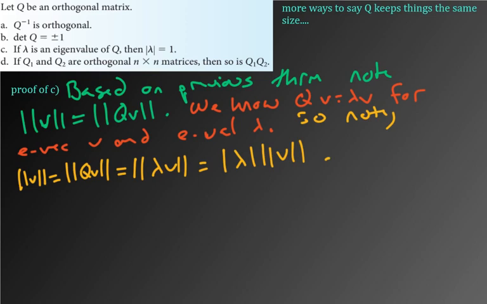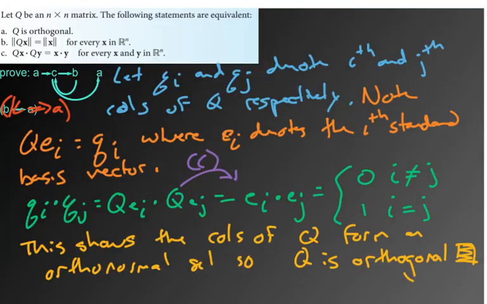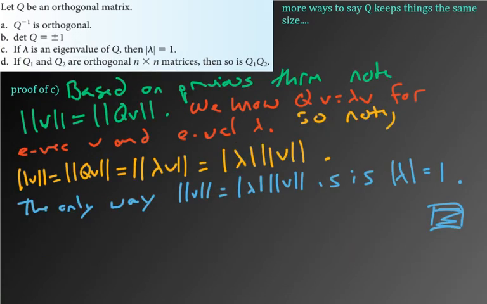And then the only way the magnitude of v can equal the absolute value of lambda times the magnitude of v is if the absolute value of lambda equals 1. That's what I want to say. And so that does it, right? This just uses property B right there, because it's true for any vector in Rn. So we're just assuming it's an eigenvector, and then we get this identity popping up, and then just the property of absolute value and magnitude.